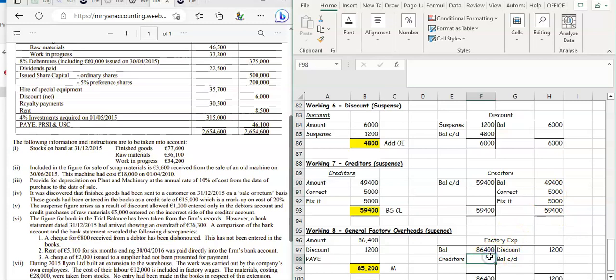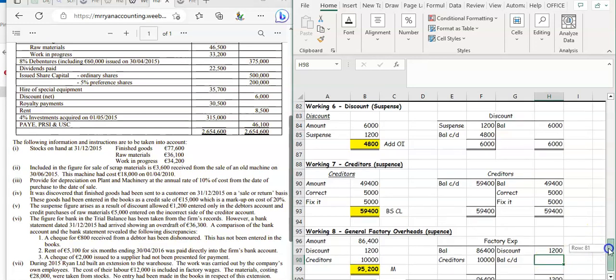That means in the factory overhead, we need to debit it 10,000 to take it out of the factory expense. Putting it on the incorrect side takes a little bit of thinking. And then we just balance them off.